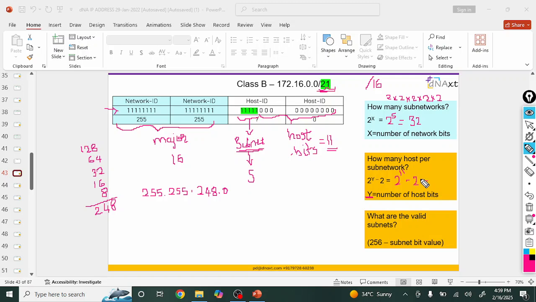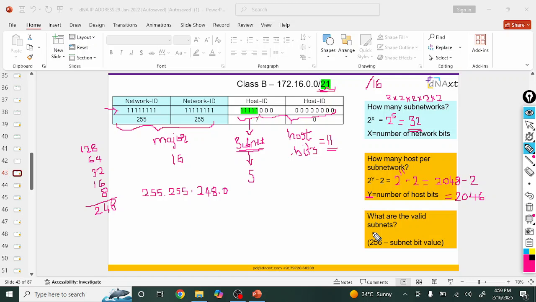Because these two IP addresses you cannot assign to your host. So 2 to the power 11 is 2048 minus 2, actually you will get 2046 IP addresses in each subnetwork, and there will be 32 such subnetworks in this network of /21.